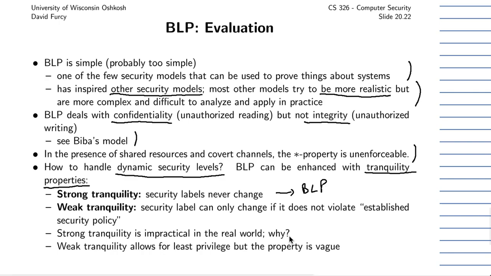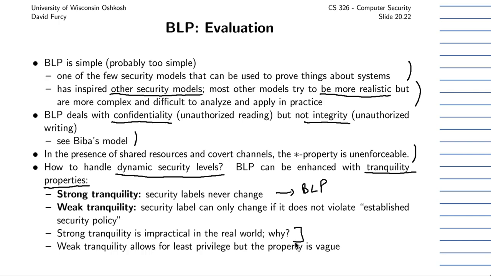So obviously, this is impractical because in the real world, this is not the way things work. I mean, clearly, in an actual system, people get promoted, so their security clearance might go up, or people get demoted or even fired, in which case their security clearance is removed or lowered.